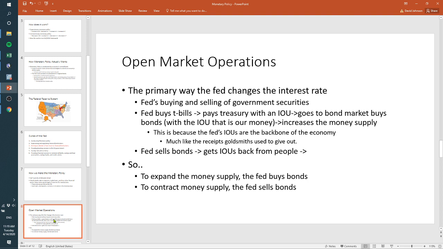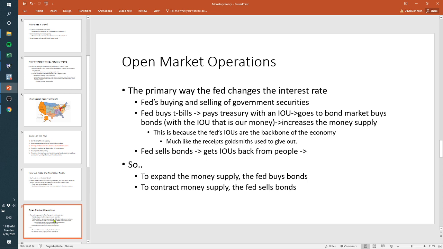The way this works is the Fed is going to buy or sell treasury bills. When they buy T-bills, they pay the Treasury with an IOU, those Federal Reserve notes. And then it goes to the bond market and buys bonds.